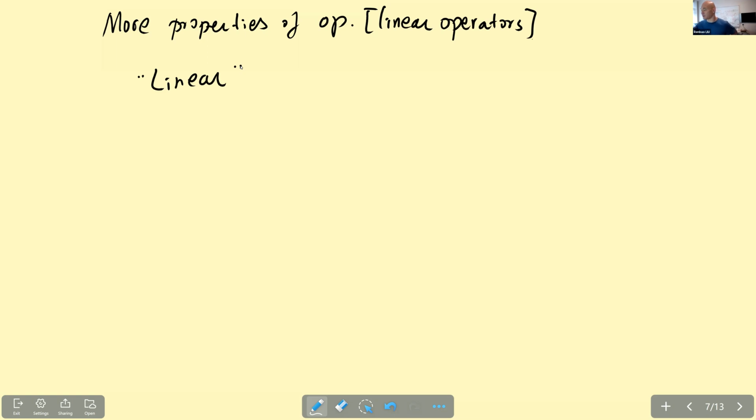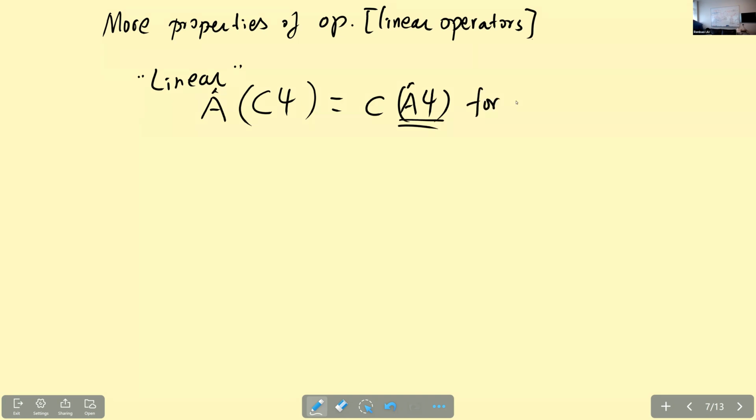Linear means that if I have a function c times psi, and the operator acting on this should equal c times the operation on this wave function, for any c being a complex number.